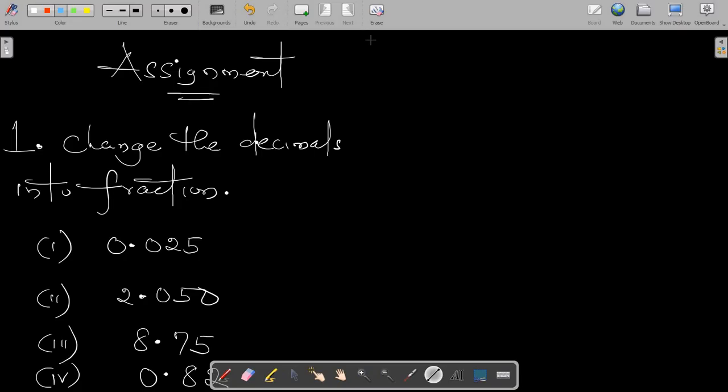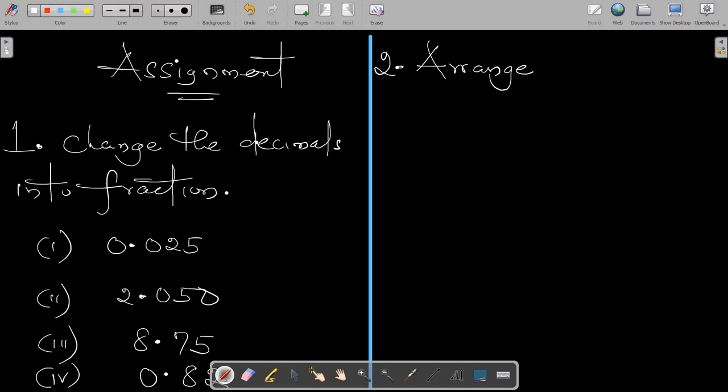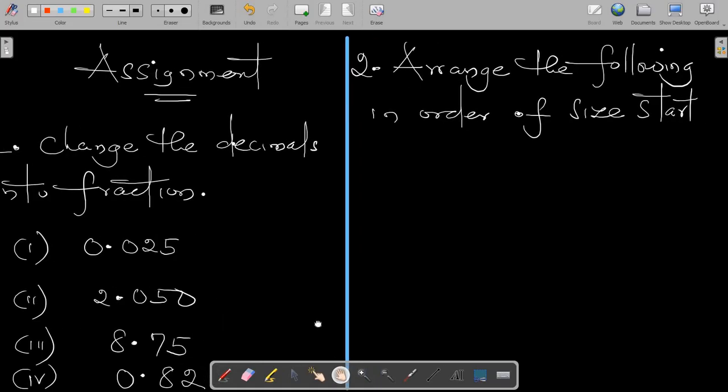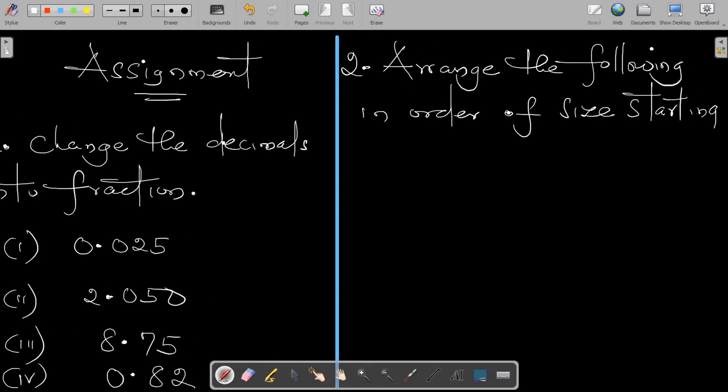So let's move on to the second question. Arrange the following in order of size, starting with the largest.